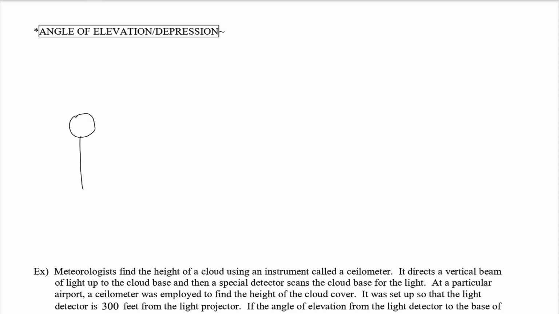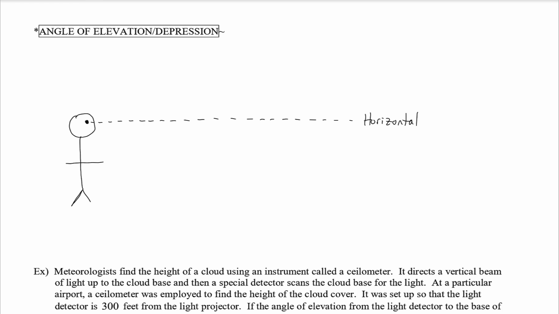So let's say there is a person or thing. Doesn't have to be a person, but I'm going to draw a stick figure. It could be a thing, like a camera. You have a person or a thing, okay? So you want to know where horizontal would be. So you would start from horizontal. Anytime you have an angle of elevation or an angle of depression, your standard position, your base of where everything starts, is horizontal.